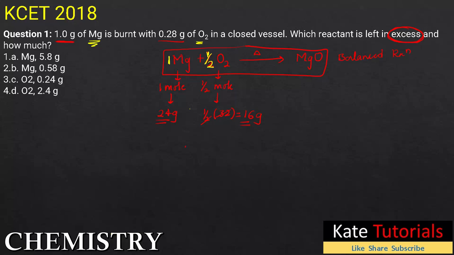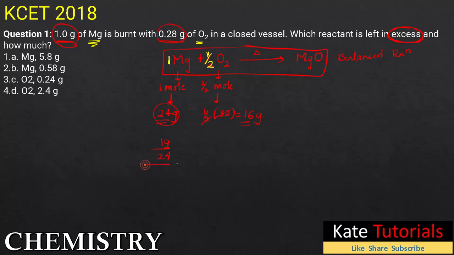But to find which one is in excess, they have given in the question 1 gram of magnesium reacting with 0.28 gram of oxygen. The molecular weight of magnesium is 24, and dividing by 24 we get moles.